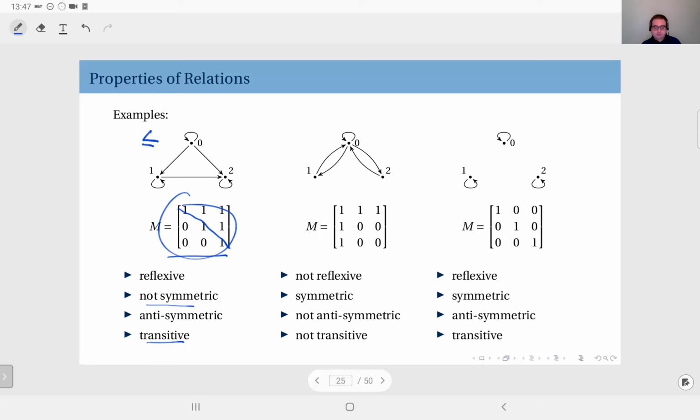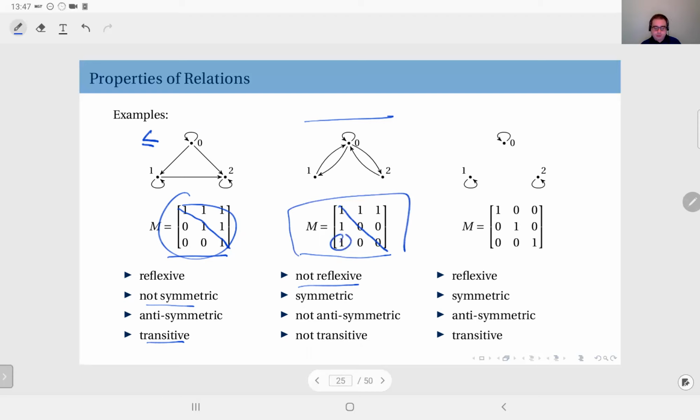The second one, the digraph is given here and the matrix is given here. 0 is related to itself, but 1 and 2 are not related to themselves, so it's not reflexive. Is it symmetric? Yes, the matrix is symmetric when you look at it across the main diagonal. Is it anti-symmetric?